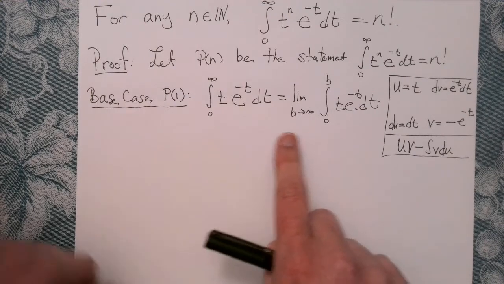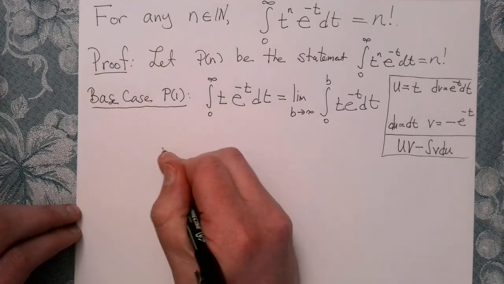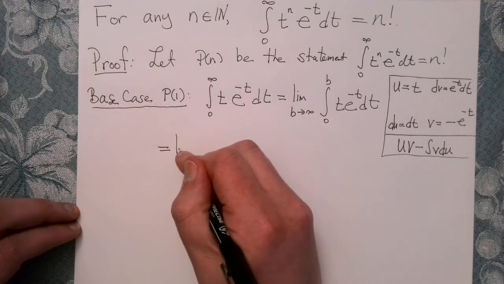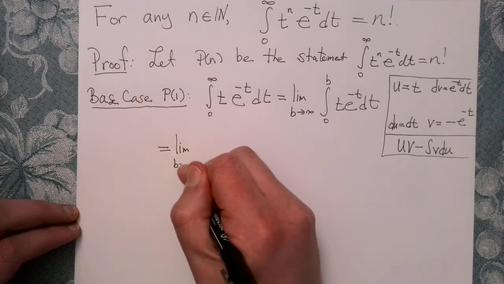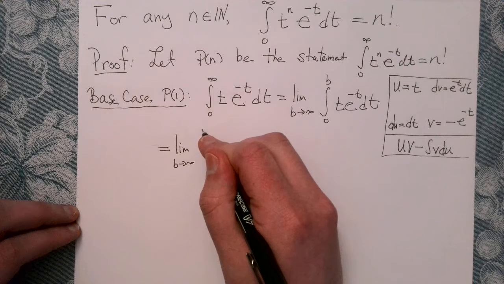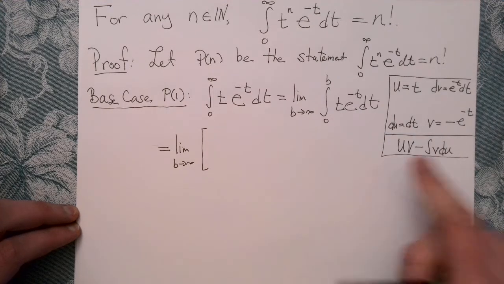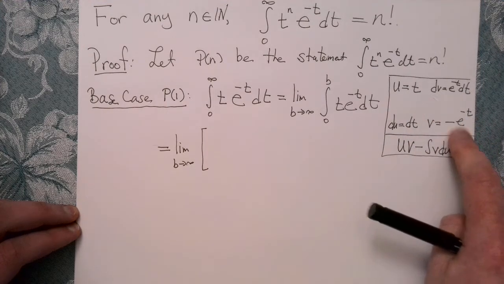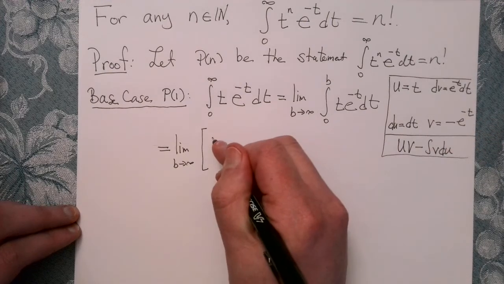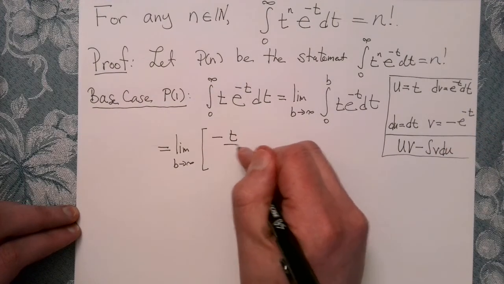Okay, so let's see what we have here. We have the limit as b goes to infinity of, let's see here, we need u times v, so this product, that's u times v.